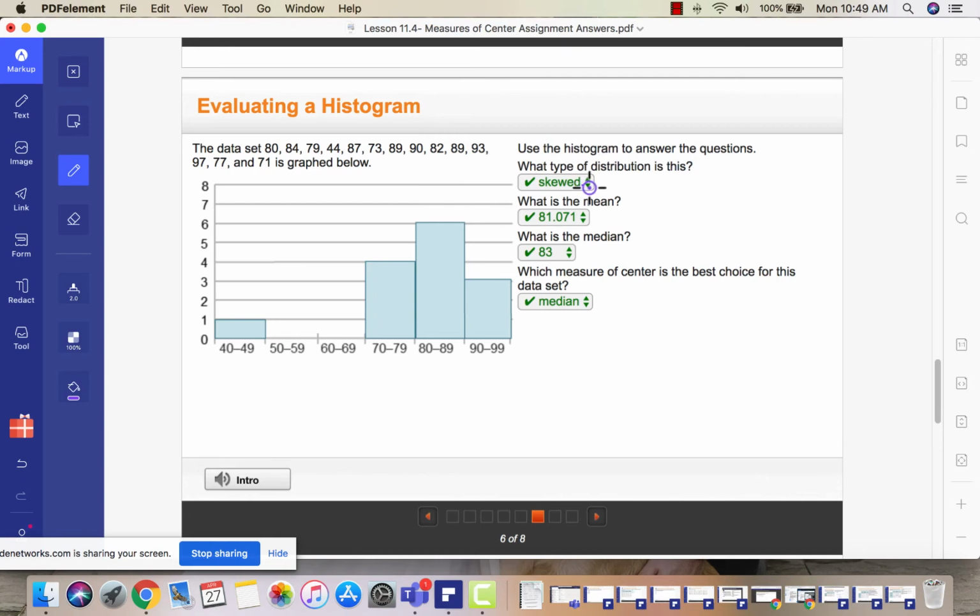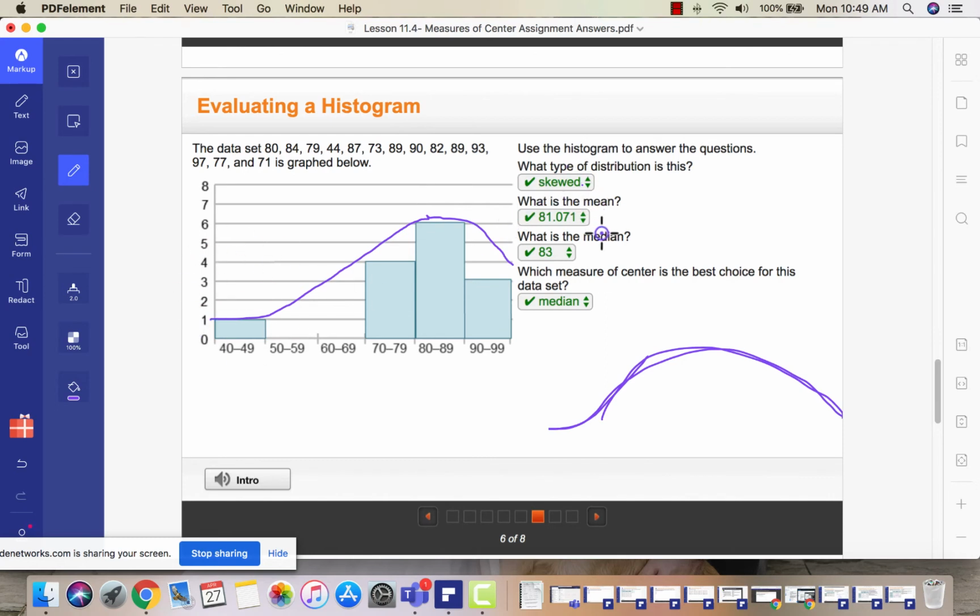The types we can have are skewed or symmetrical. A good way of doing this is to draw a line over the data. If the data has a tail, it's skewed. If everything is in the center and creates a bell shape, it would be symmetrical. Because this has a tail, it's skewed, and technically left skewed because the tail is on the left.